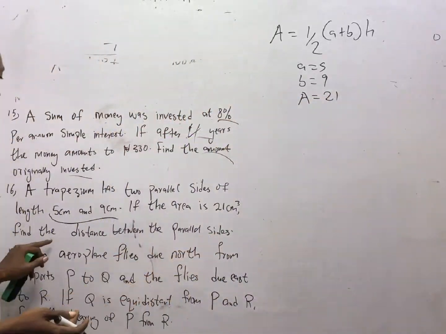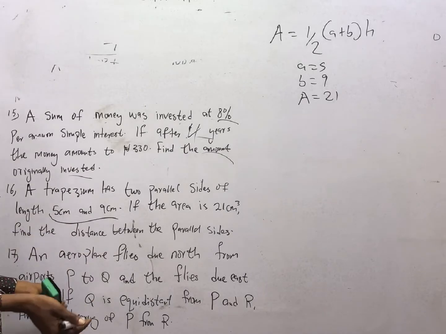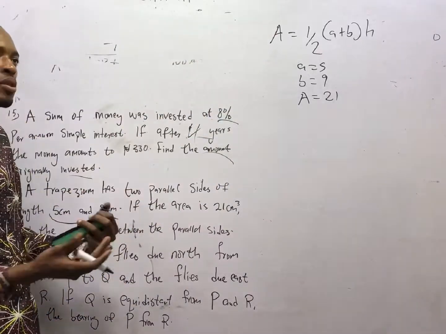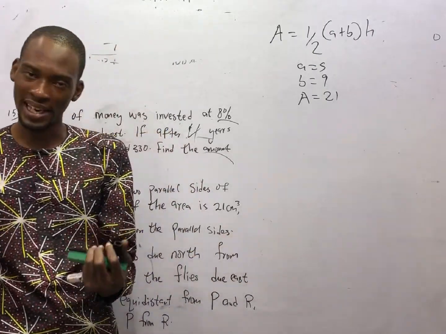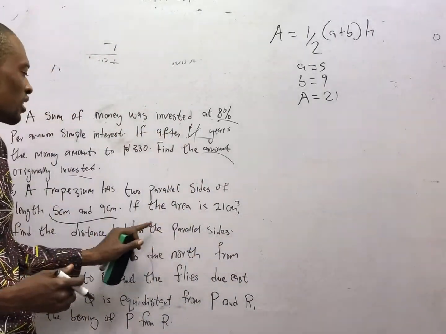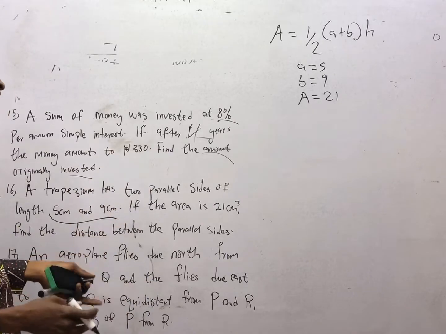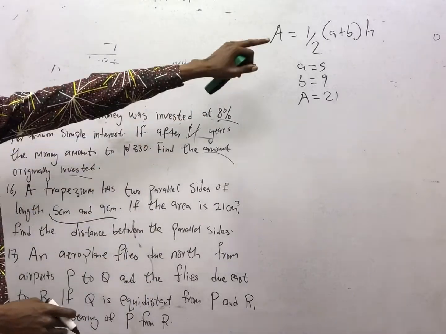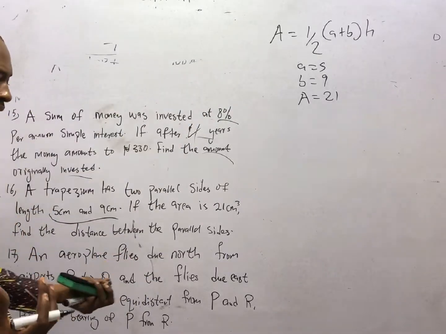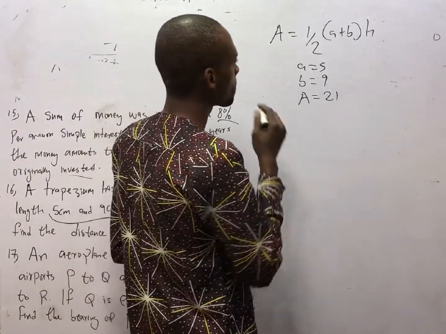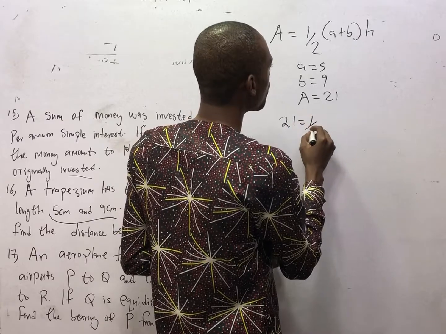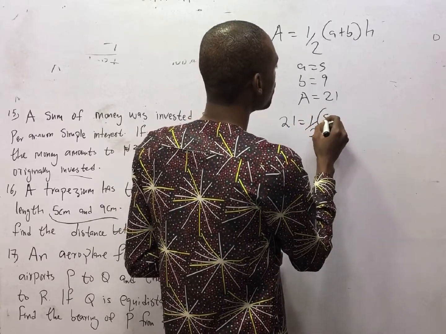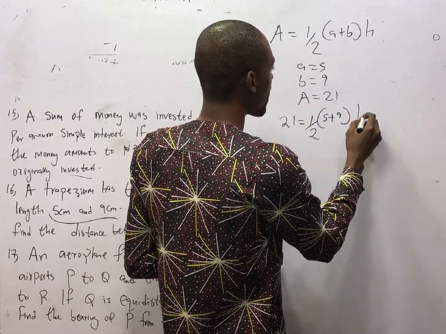What are we looking for? The distance between the parallel sides. That is simply the height of the trapezium. If you did not know before now that we are looking for height, from this, knowing that we have A and B, sum of parallel sides, we have area, the only missing term there is the height. So from here, the area of the trapezium, 21, is equals half times 5 plus 9 times height.